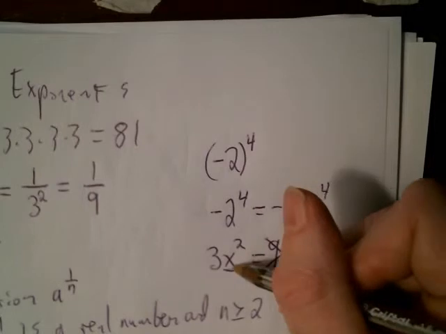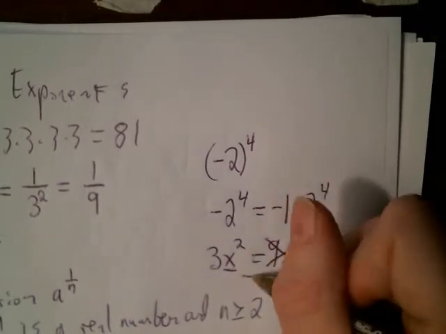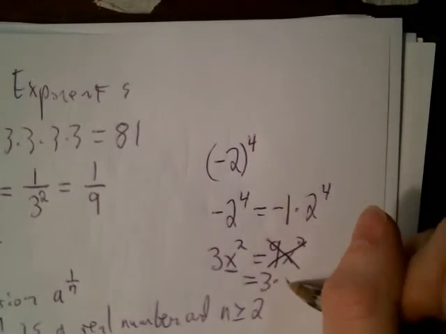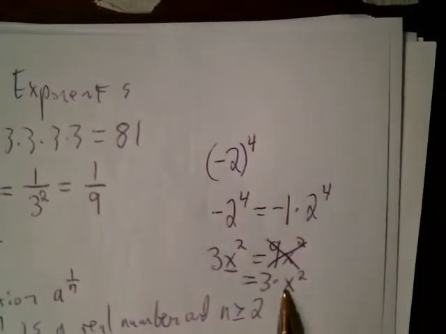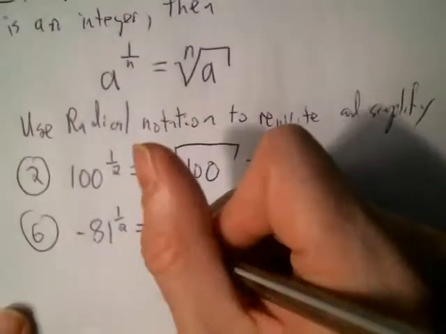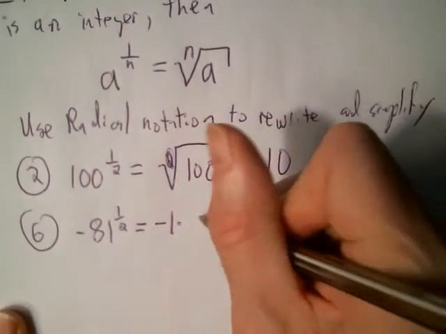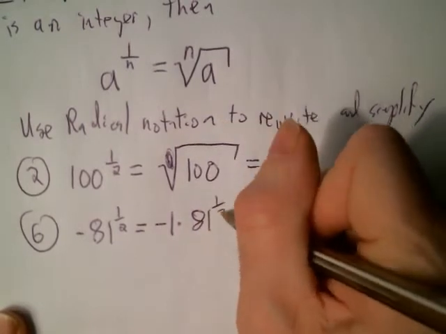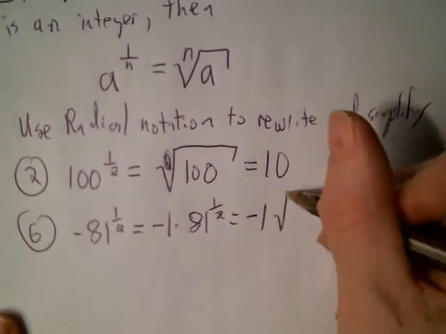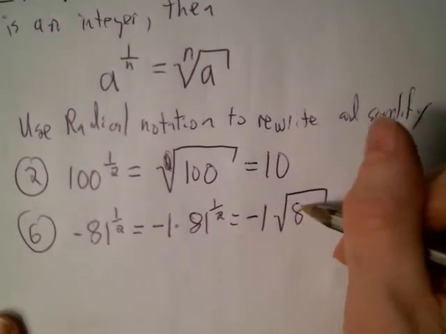That's the part that's attached to the exponent. So this would be like 3 times x squared. So that's what I was getting at. Hopefully you've seen that before. So here it's really -1 times 81 to the 1/2, and we could rewrite that as -1 times the square root of 81.